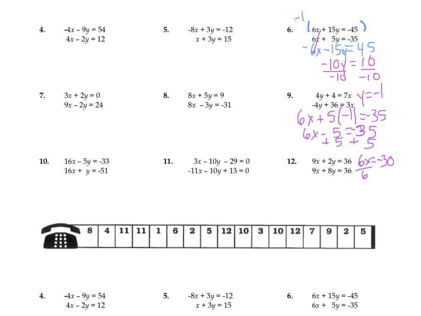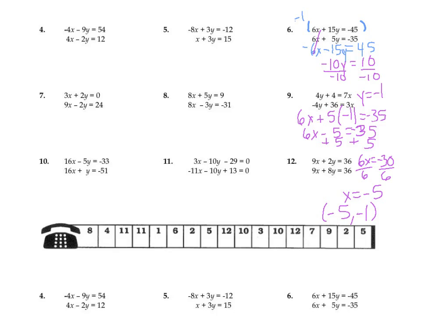And then to solve for x, we divide both sides by 6, and we get x equals negative 5. So our solution is negative 5, negative 1, which we can find on the front and fill in the letter on the front, but I'm just going to do number 10 for you guys.